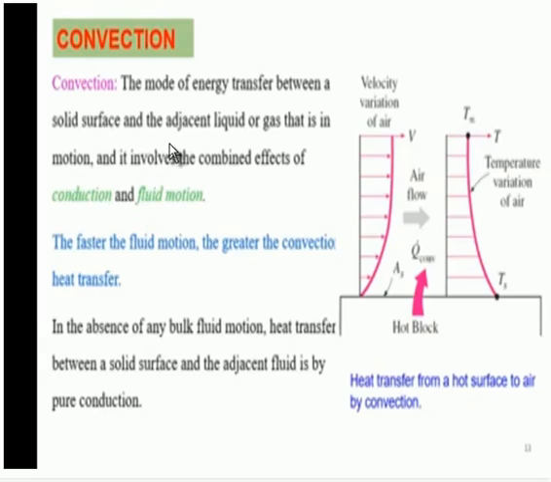So convection is a mode of energy transfer between a solid surface and the adjacent liquid or gas that is in motion, and it involves the combined effect of conduction as well as fluid motion. If you observe this figure, there is a hot block, or you can say a solid body.